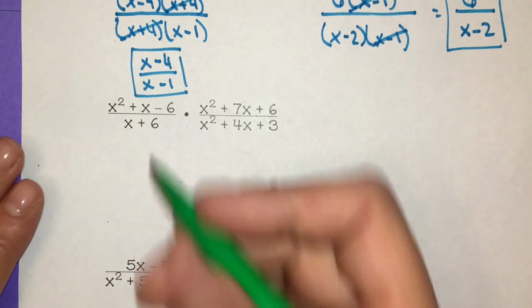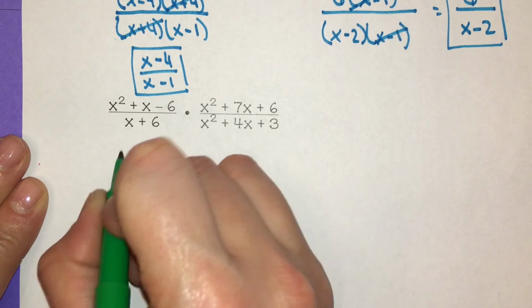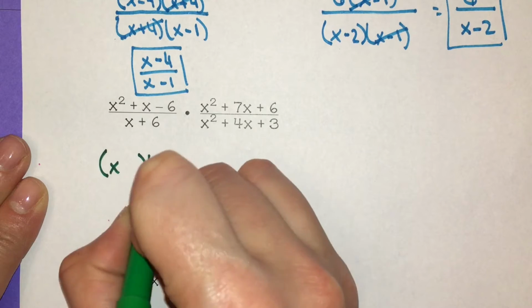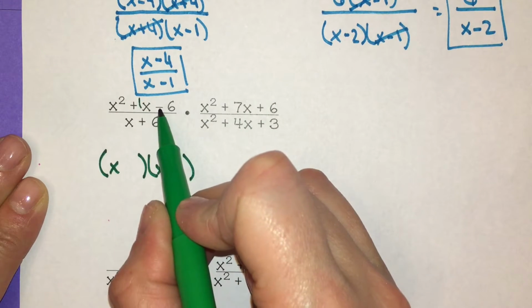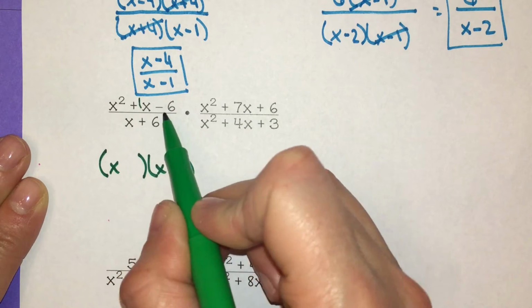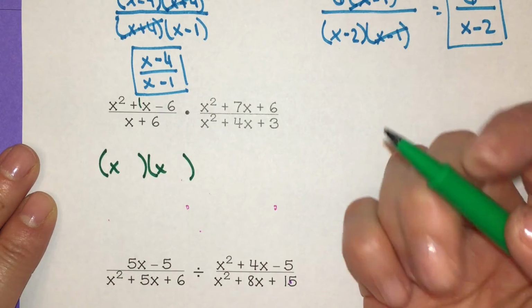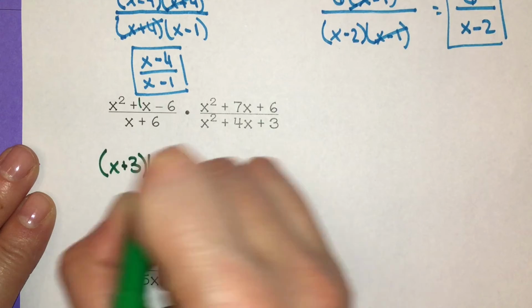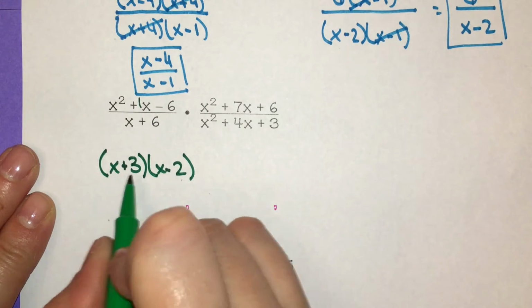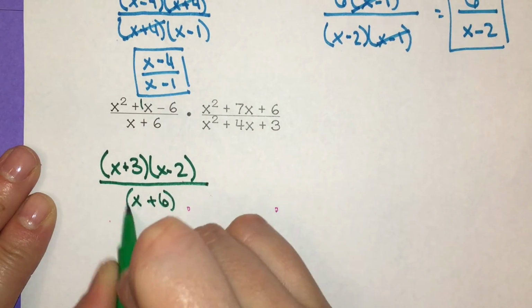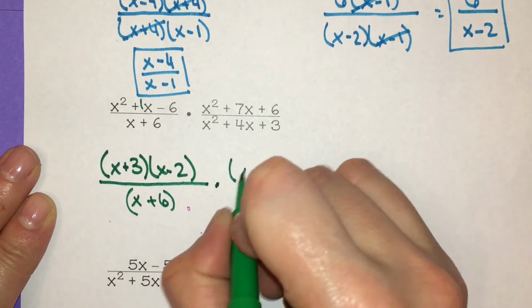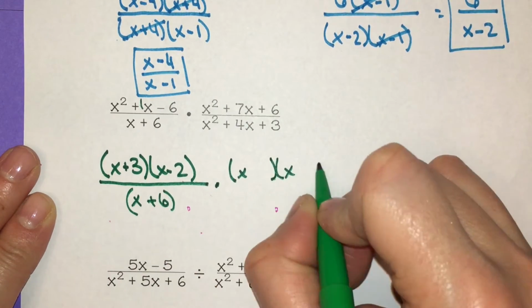Okay, so this one, all right, I'm going to factor what's on top. Okay, I have to figure out what adds together to equal 1, multiplies together to equal negative 6, which is positive 3 and negative 2. On bottom, I have x plus 6 times, again, I'm going to factor what's on top.